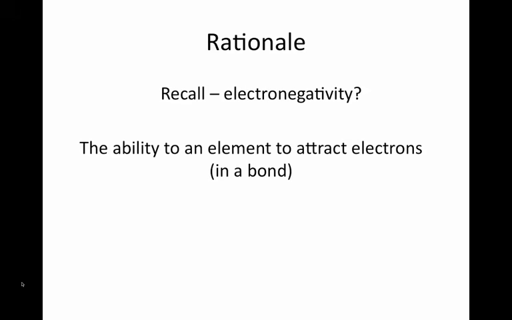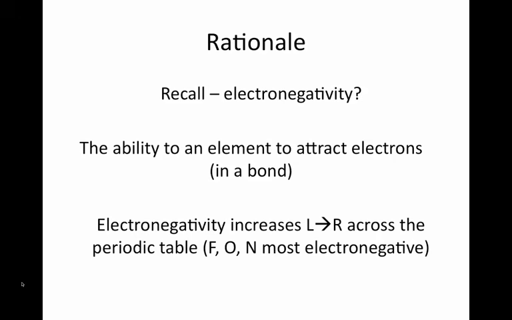Now this may seem a rather odd set of rules, but there is some rationale behind them. If you recall learning about electronegativity, you'll remember that it's the ability of an element to attract electrons in a bond. And electronegativity increases from left to right across the periodic table. So fluorine, oxygen, and nitrogen are the most electronegative elements.